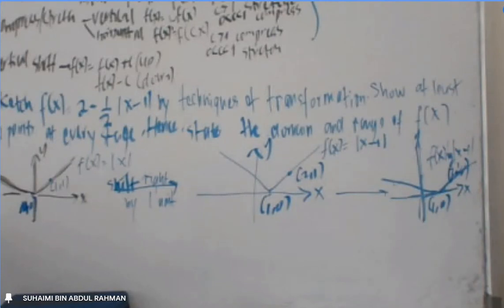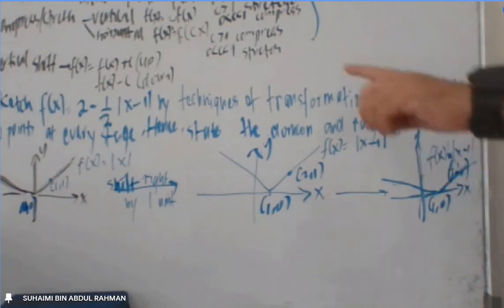Why about the x-axis? Because the negative multiplies the function.